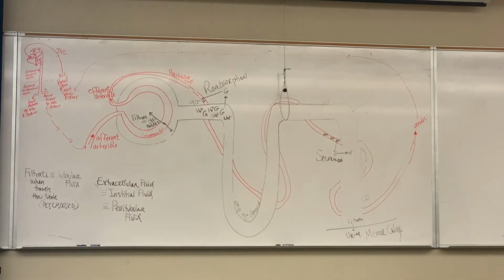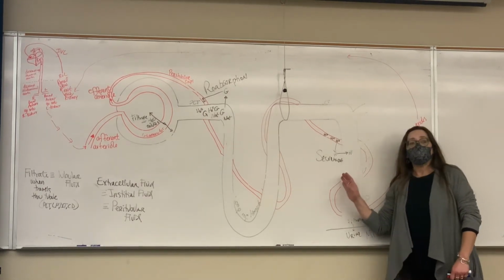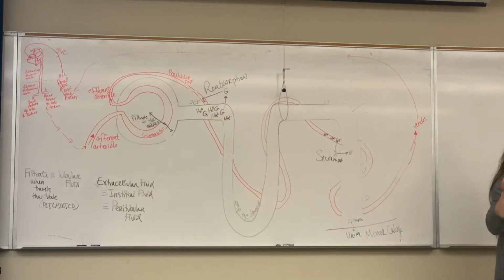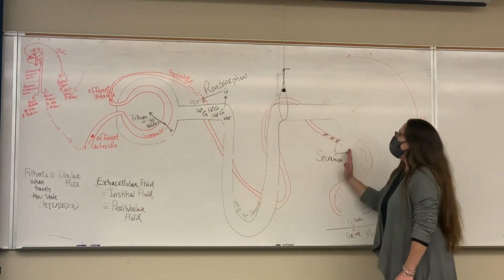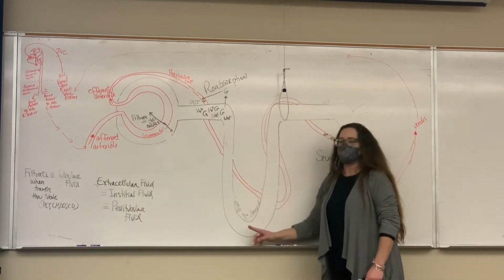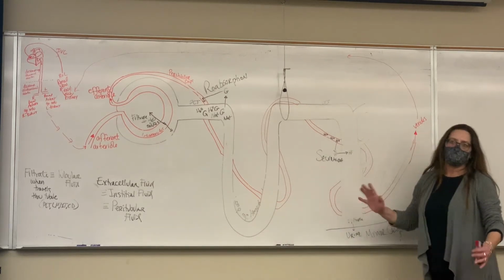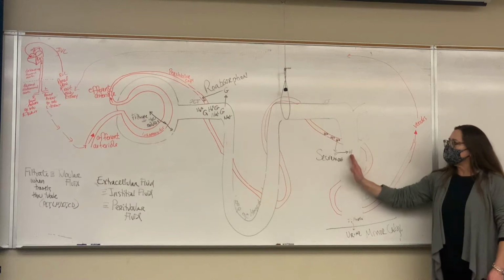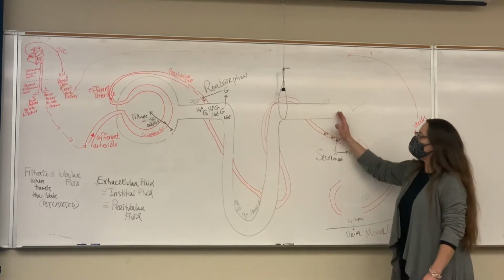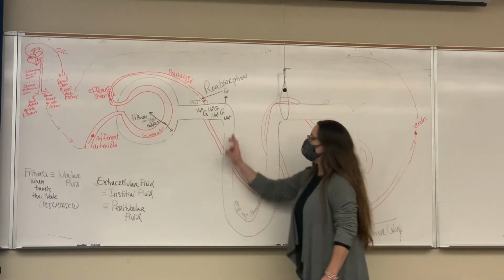Some places it's simple columnar epithelia, but definitely too thick for diffusion to happen across, okay? Actually, I shouldn't say that, that's not necessarily true. But over here, we're not going to have leaks and pores in the renal tubule, I'll say it that way.